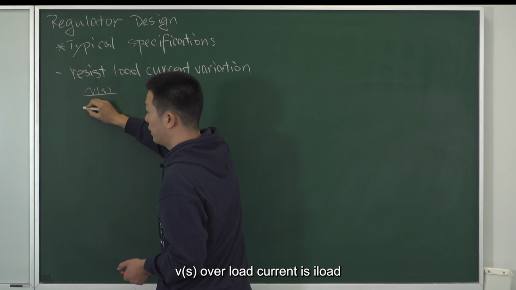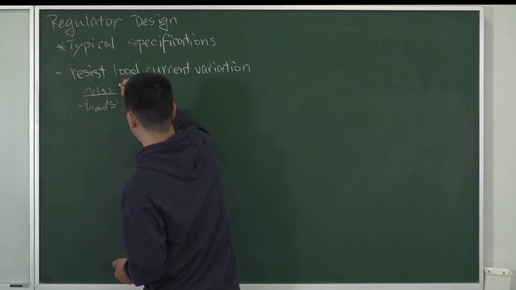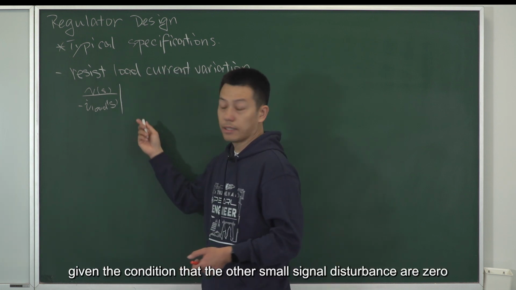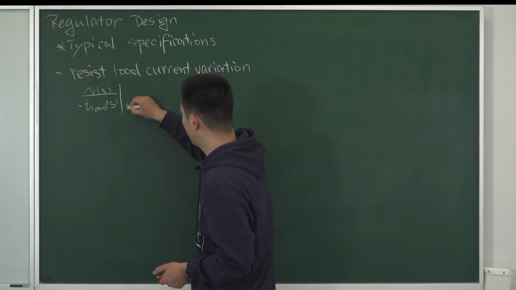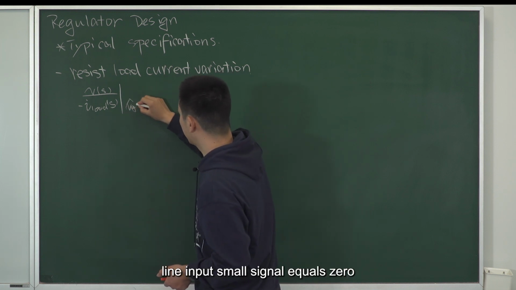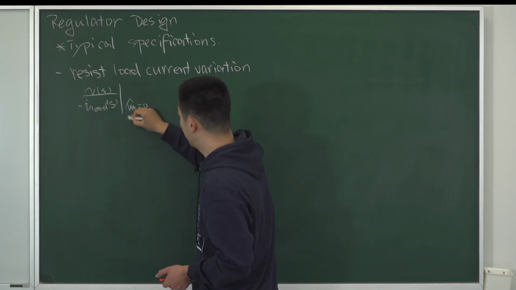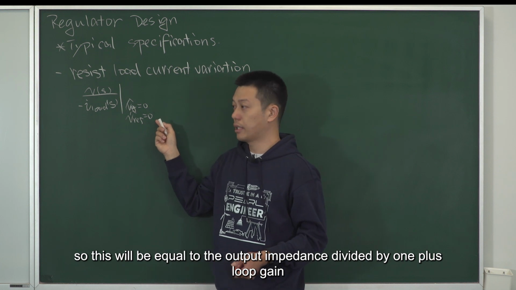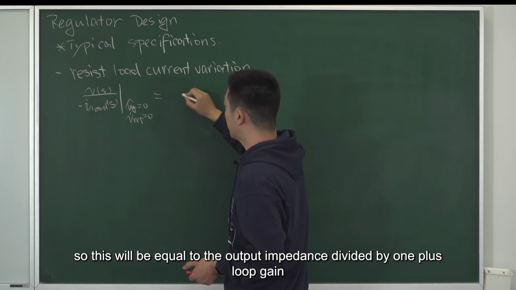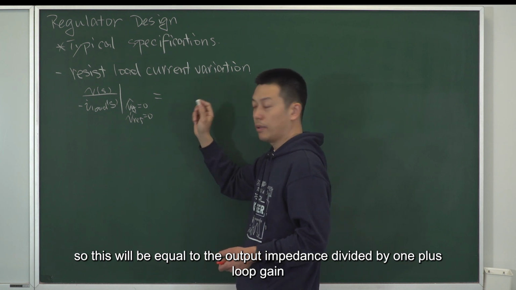Vo over load current I_load, given the condition that the other small signal disturbances are 0, line input small signal equals 0, and also the reference is unchanged. So this will be equal to the output impedance divided by 1 plus loop gain.